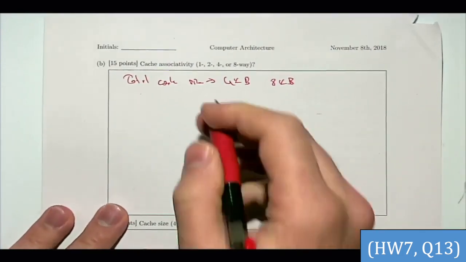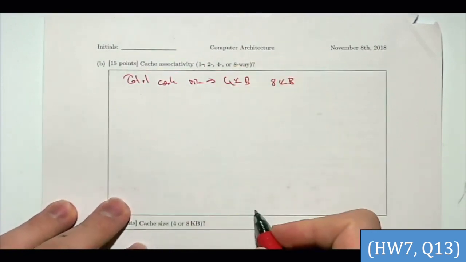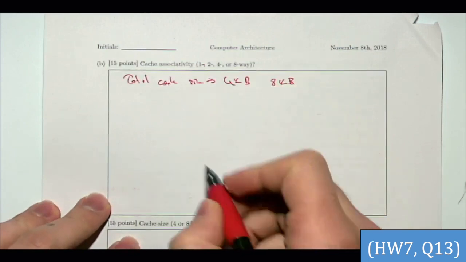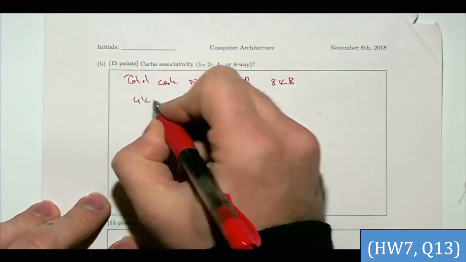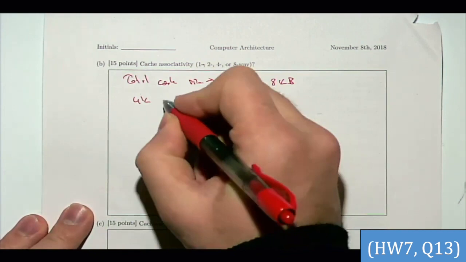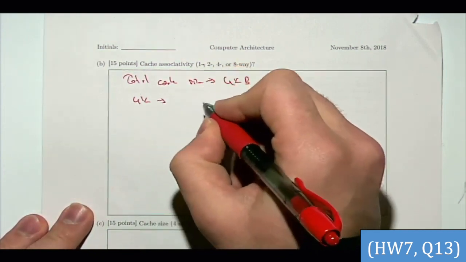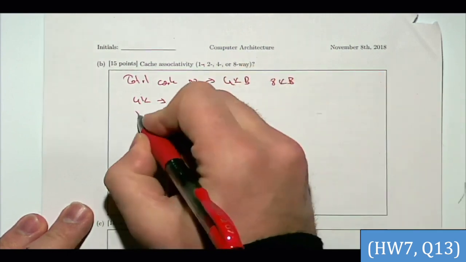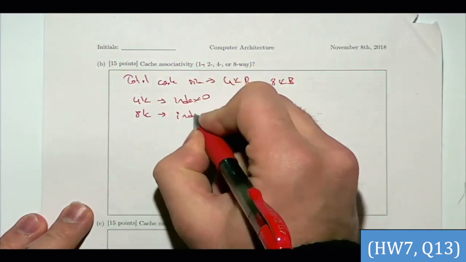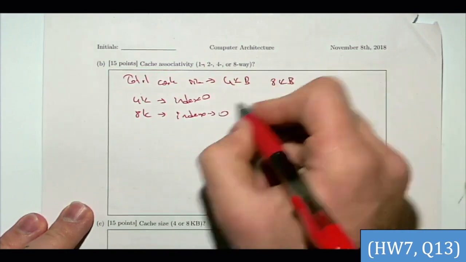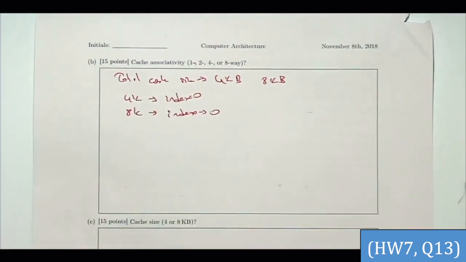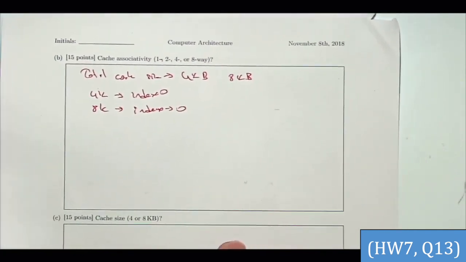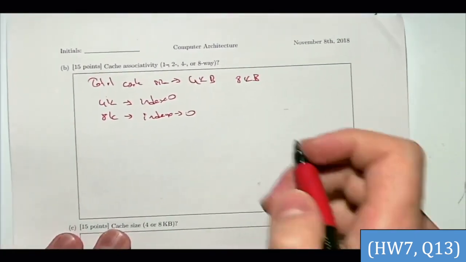So if this is a one-way associative cache, then for the 4 kilobyte cache, all the multiples of 4K address accesses will try to access the index of 0, right? And for the 8K, again, it will try to access the index of 0 if the cache size is 8 kilobytes. So we need to keep this in mind first, and then let's assume that this is one-way associative.